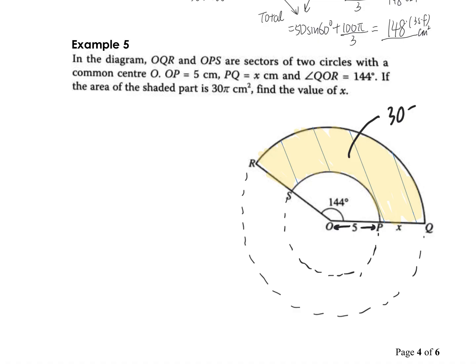So always try to understand what the question is saying first. And then now we want to find the value of X. So the shaded part, if you can see, is the big sector area.